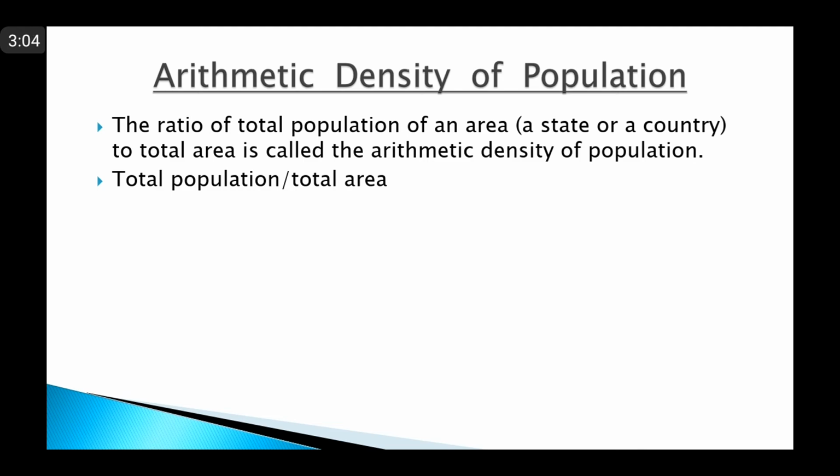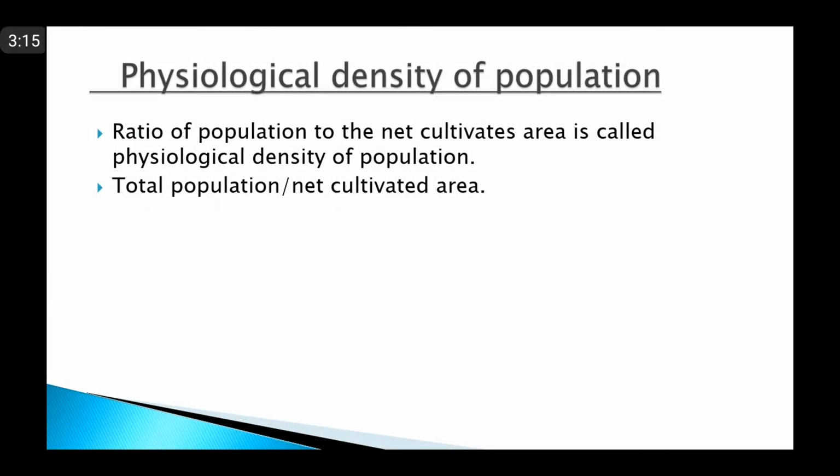But this problem is solved by calculating the physiological density of population. So what is this, children? Physiological density of population is the ratio of population to the net cultivated area, and it is calculated by dividing total population by net cultivated area. This concept of density was first used in France.